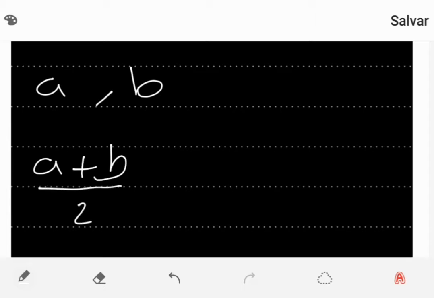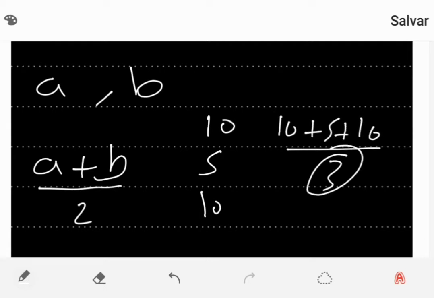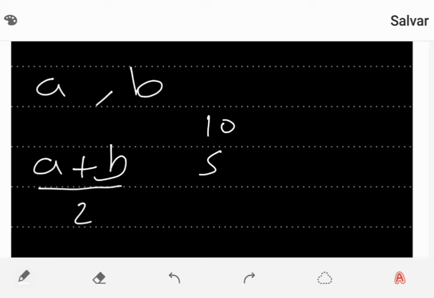If you had your grades in a subject, 10, 5 and 10, you would do what? 10 plus 5 plus 10 divided by 3, right? You have 3 subjects and you sum the points. So this is the arithmetic mean.